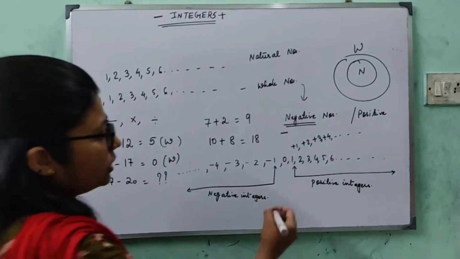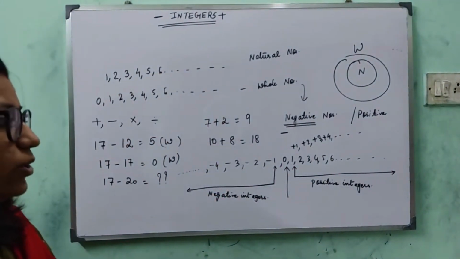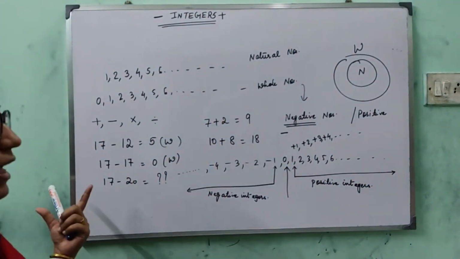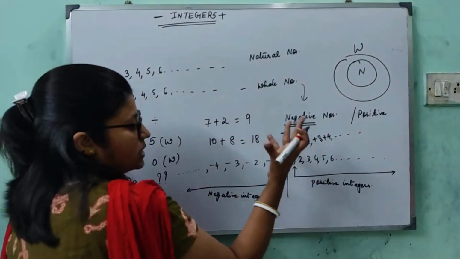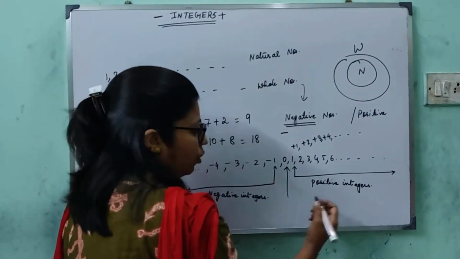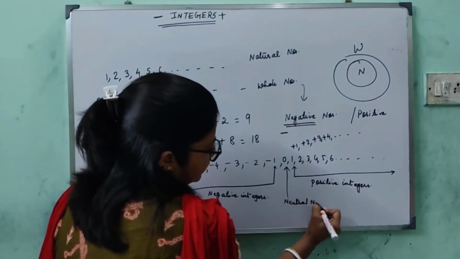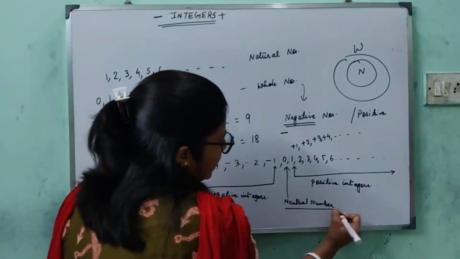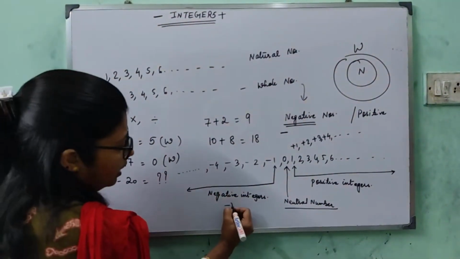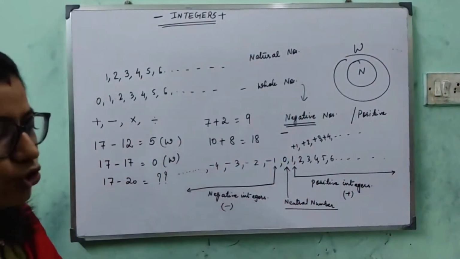And what about this 0? 0 does not fall into the category of positive integers, 0 does not fall into the category of your negative integers. So 0 plays a very neutral role. 0 is neither positive nor negative. Let us name it as the neutral number because it has no sign, no plus, no minus. These are all negative ones, these are all positive ones, and these are the neutral numbers.